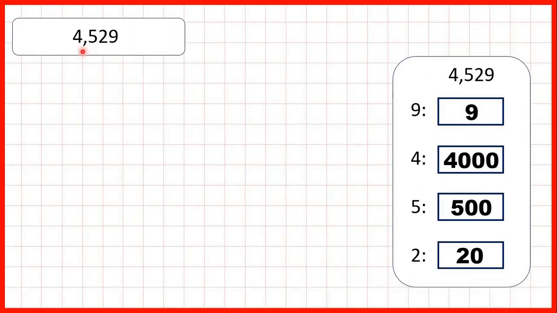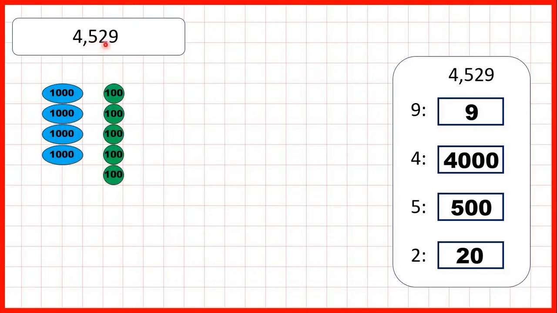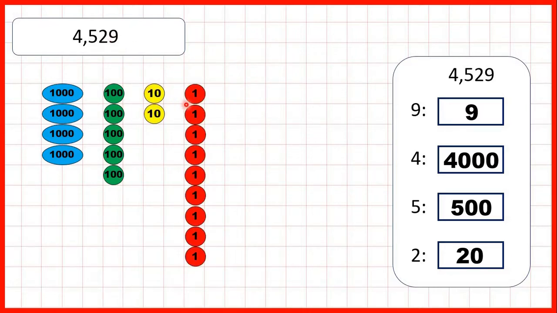We can show place value counters to represent these numbers. So for 4,529, that 4 represents 4,000, so we can show 4,000 counters. The 5 represents 500s, the 2, 2 tens, and the 9, 9 ones.